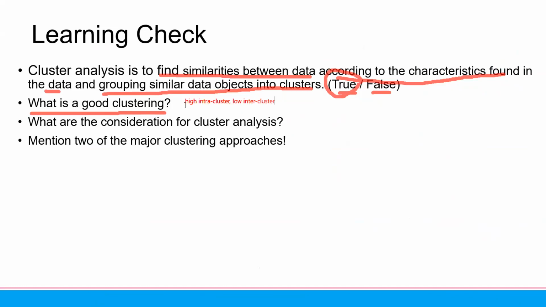So we want to make sure the objects within a cluster are cohesive, and low inter-cluster similarity means the clusters are distinctive between objects.